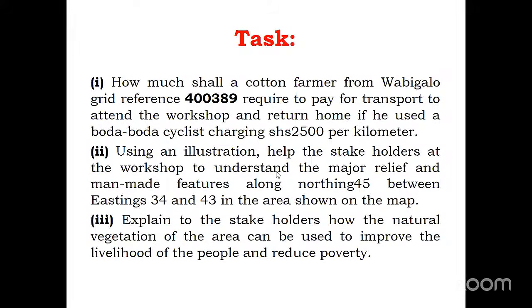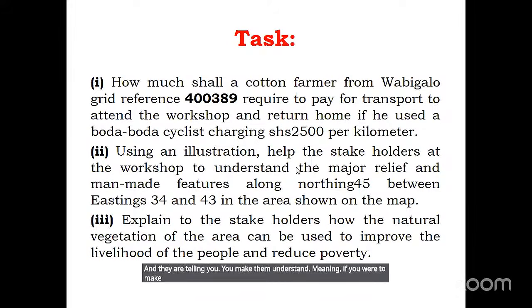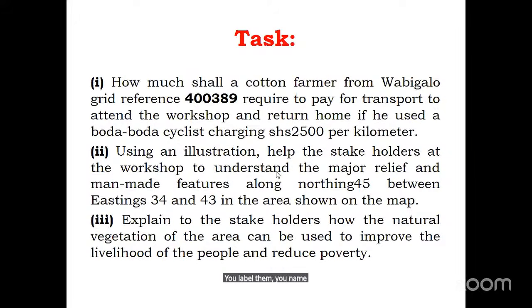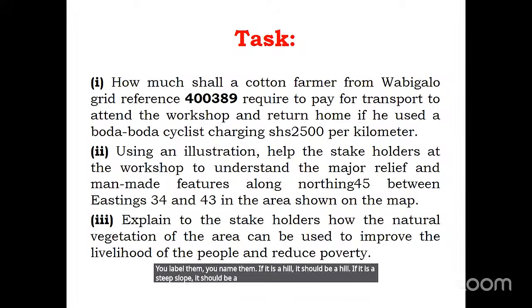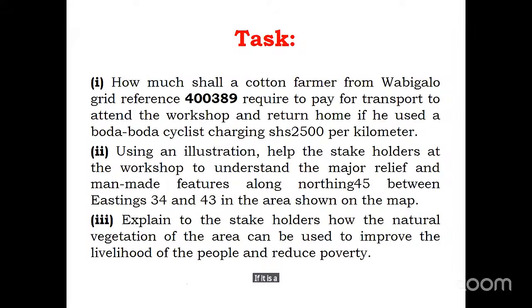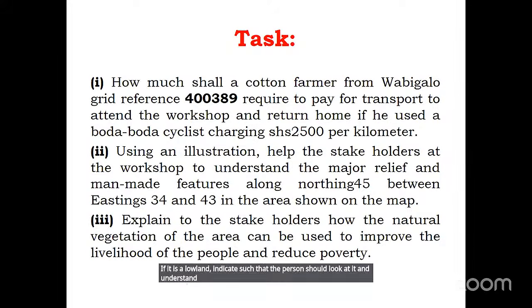And they are telling you to make them understand, meaning if you were to make someone understand the features, you label them, you name them. If it is a hill, it should be labeled a hill. If it is a steep slope, it should be a steep slope. If it is a lowland, indicate it such that the person should look at it and understand.